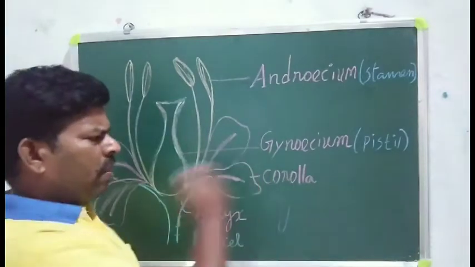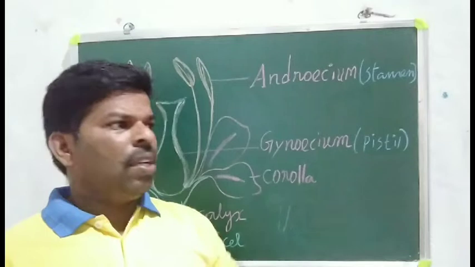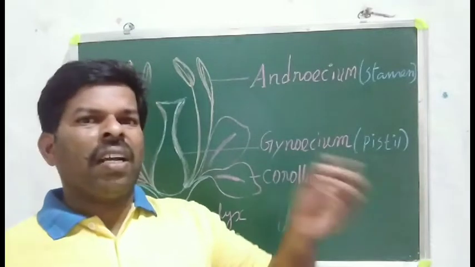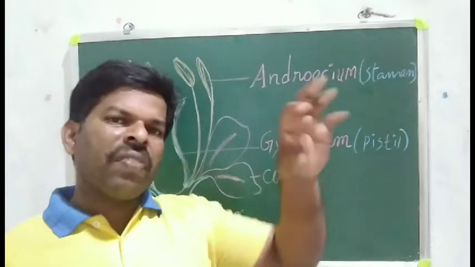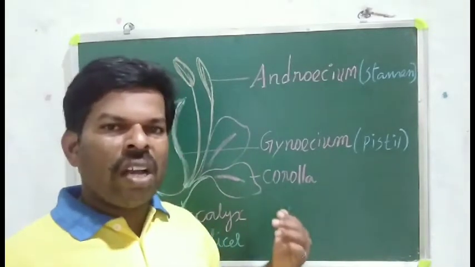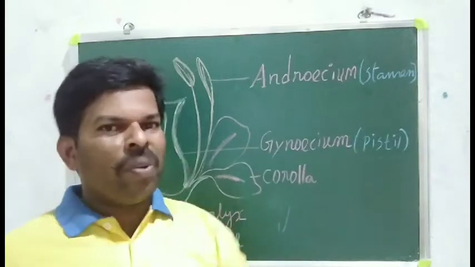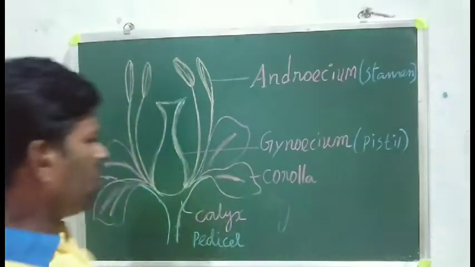People understand the corolla through the rose flower, lotus, rose color, pink color, yellow color. There are different variations of color in the corolla. Now understand: the corolla is the colorful part of the flower. Is it okay?